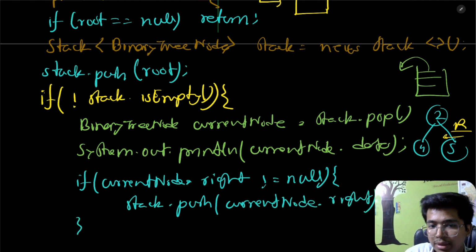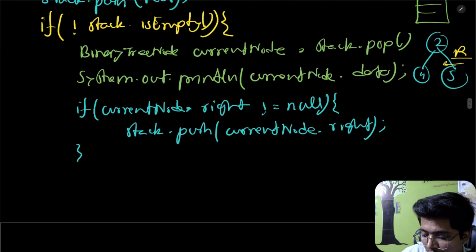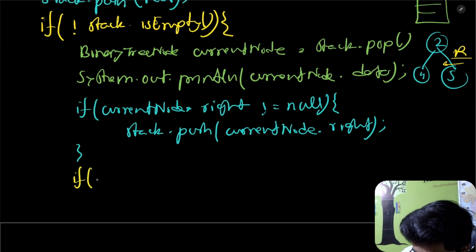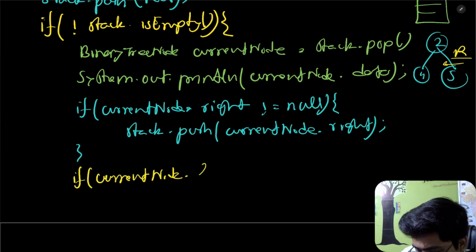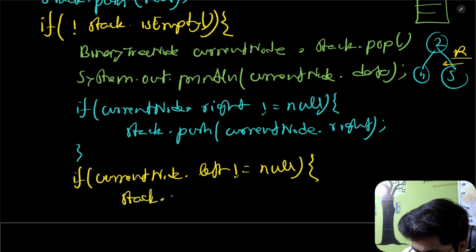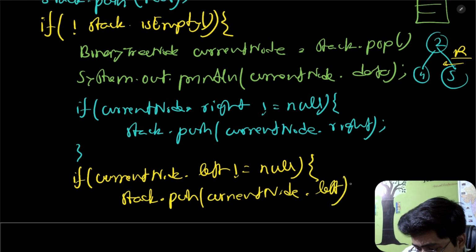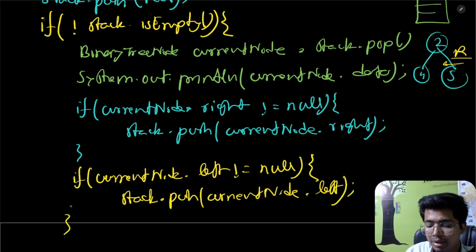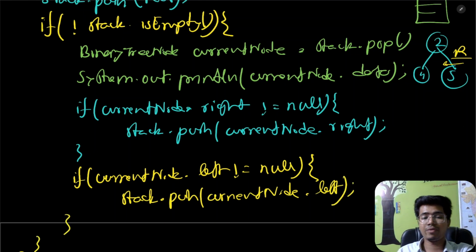Now we have to push the left node. For that, again we'll check if currentNode.left is not equal to null. If it is not null, we'll push that one, stack.push currentNode.left. So now we are pushing the left node, and this finishes writing the function. We have checked all the conditions.